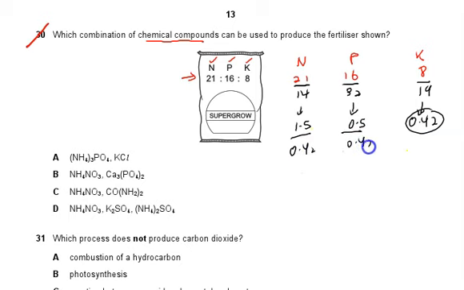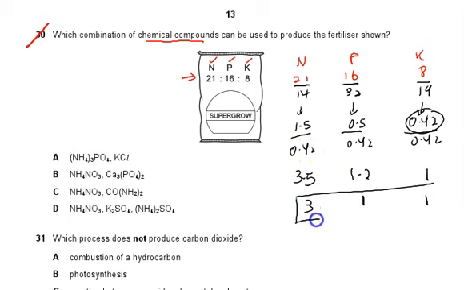So 0.42 divided by itself is 1, and 0.5 divided by 0.42 gives about 1.2, and 1.5 divided by 0.42 gives about 3.5. So we can make it 3, 1, 1, the simplest form. Now let us search for nitrogen 3.